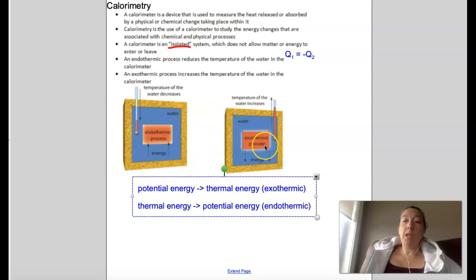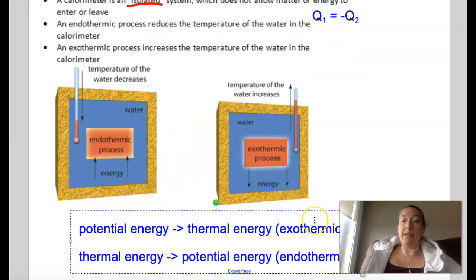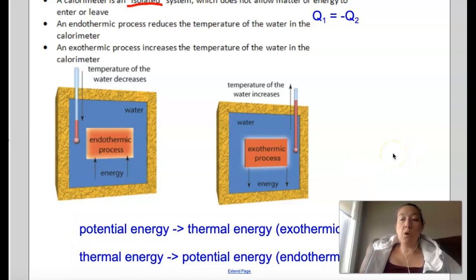So important to recognize that the temperature changes that we see happening in the water do not correspond to an opposite temperature change for our chemicals. It corresponds either to thermal to potential or potential into thermal, okay?